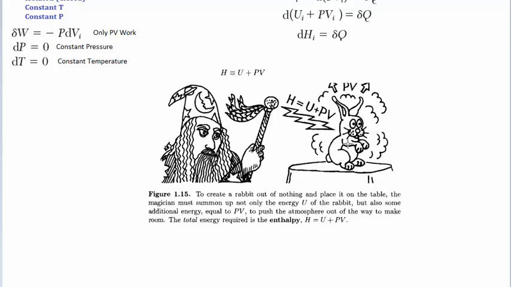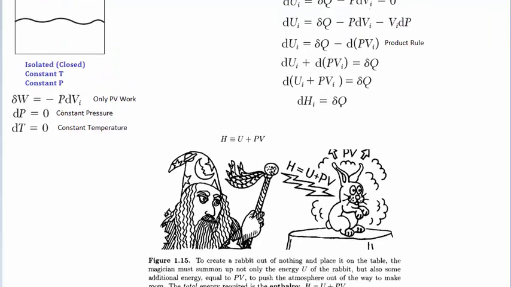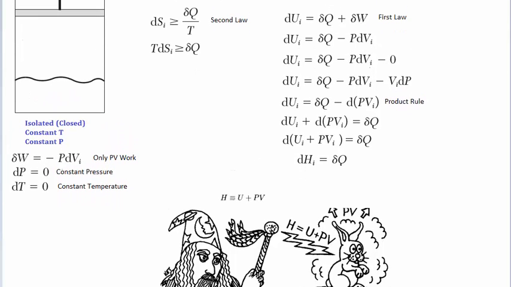And since you're pulling this rabbit and placing it in space that was already there, you need to push the air molecules already out of the way. If you combine these two terms, the pushing of the air and the energy that the rabbit already had, this gets you your total energy, which is your enthalpy. We'll revisit this in a bit.